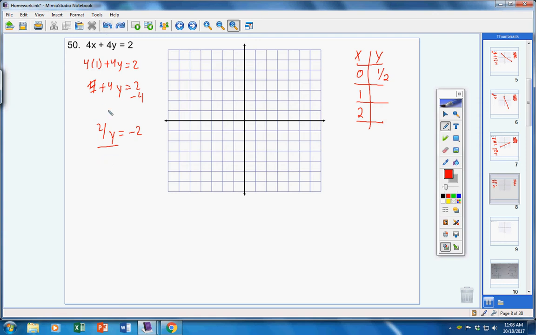Divide by 4, divide by 4, a negative divided by a positive is negative, 2 over 4 is 1/2. Alright, and then lastly, let's substitute 2 in for x. 4 times 2, positive 4y. 4 times 2 is 8, positive 4y equals 2.